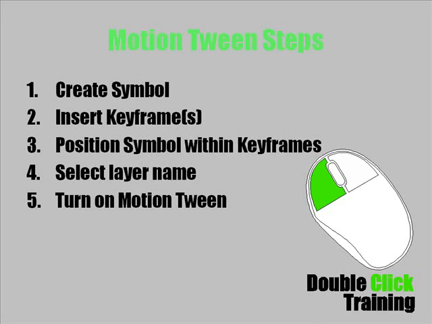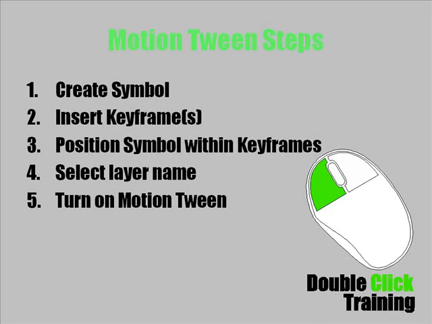Now what this does, and I can show you an example of this a little bit later, is you'll find inside of your library that Flash has created symbols for you, but it will create a symbol for each keyframe that you place your symbol within. So it's a little bit harder, it's not as tidy. You've got to keep track of all that information rather than just one keyframe, or excuse me, one symbol.